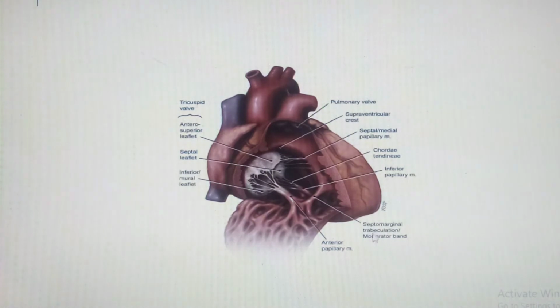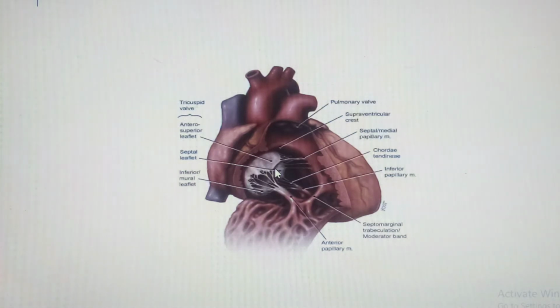The next thing that I want to talk about is the right ventricle. Oxygen-poor blood from the right atrium gets into the right ventricle through this valve, known as the right atrioventricular valve, or the tricuspid valve.